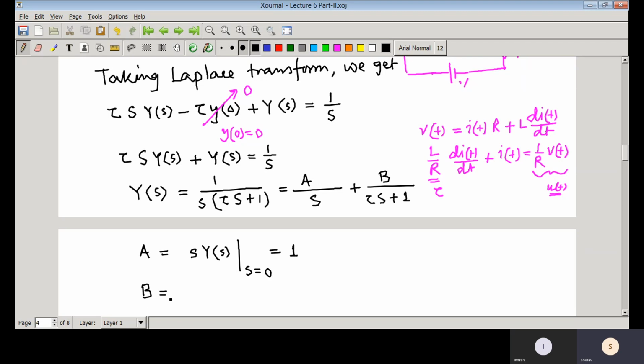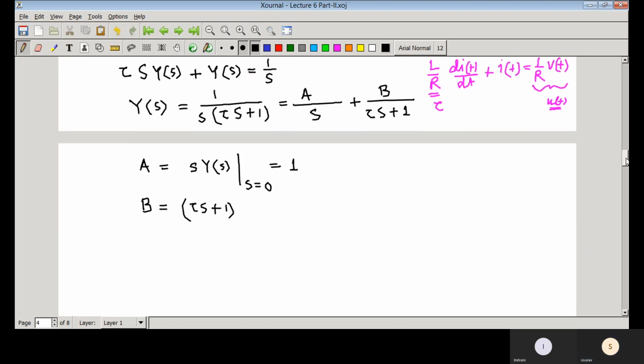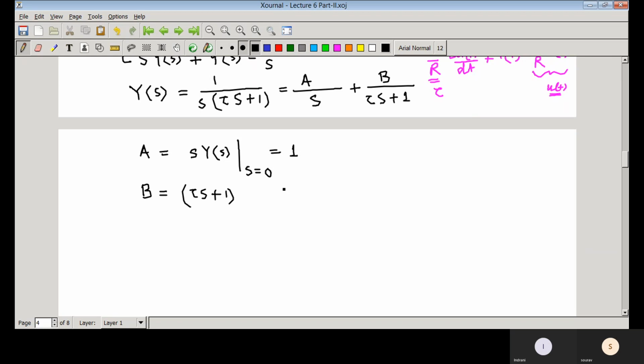Now b equal to (tau s plus 1) Y(s), and you find it at s equal to minus 1 by tau, because from here you can see that its pole would be s equal to minus 1 by tau, and you will get the value minus tau.